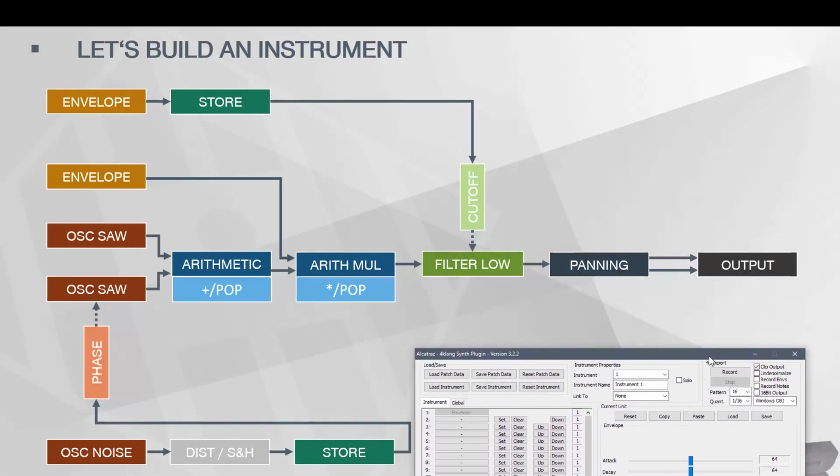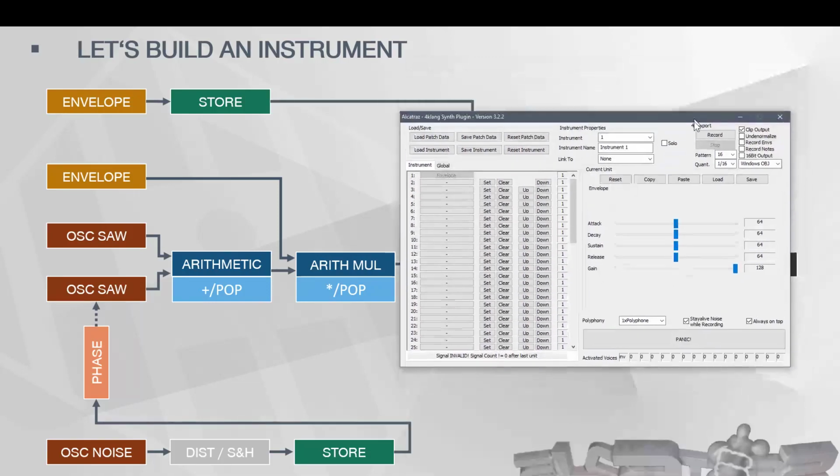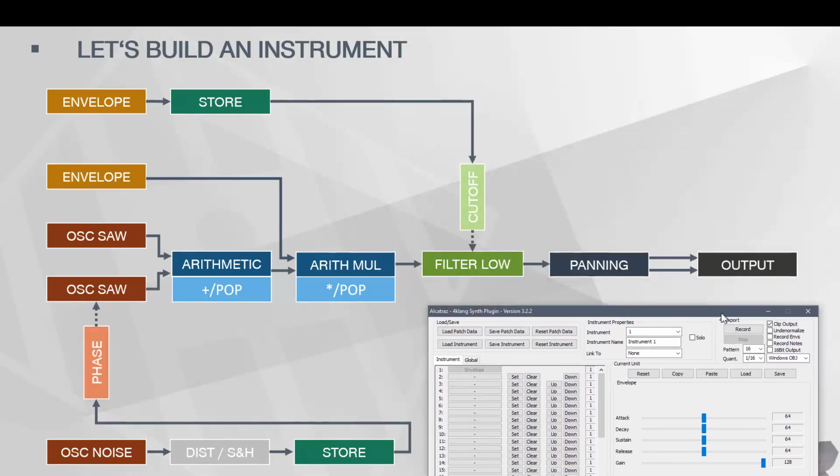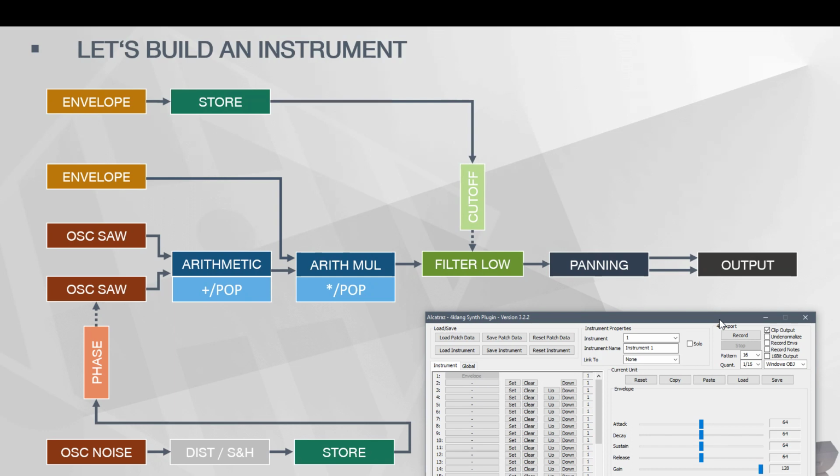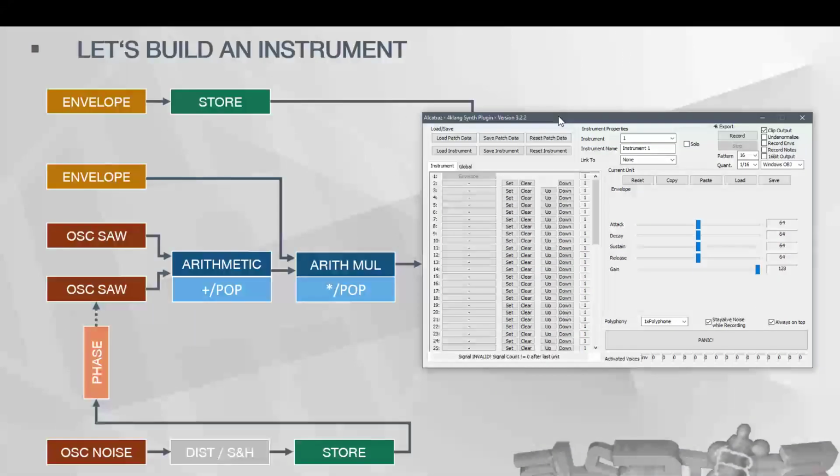Okay. So how would I create this instrument if I have this flow? I would create it from the middle part, where we have the main thread going from the oscillators to the output, and then add the additional parts later on. So we have this envelope on position 1, which is this envelope here.